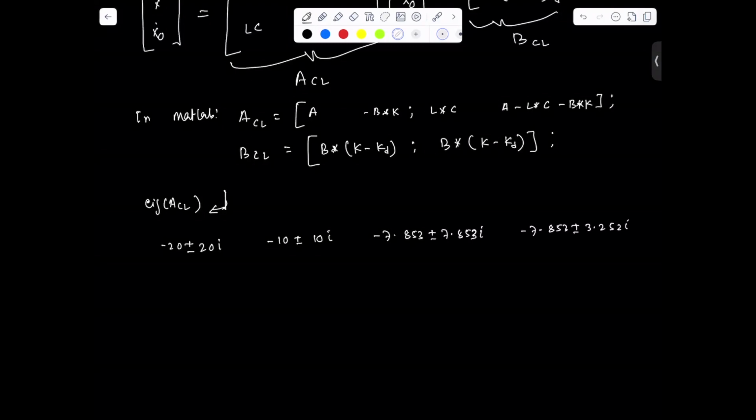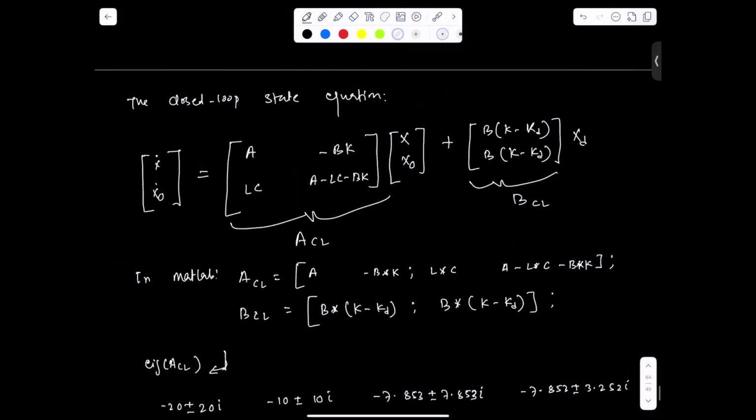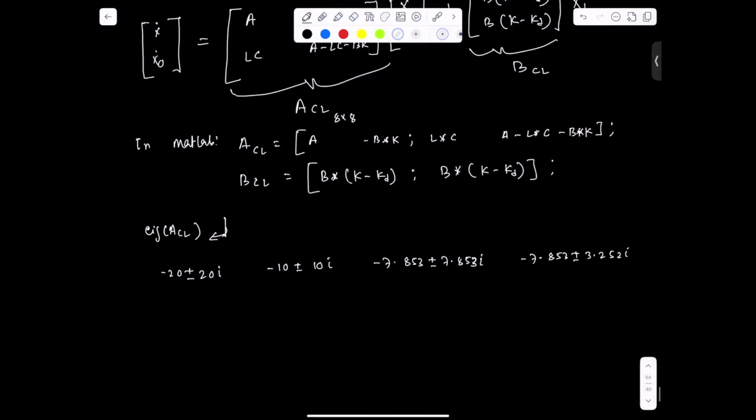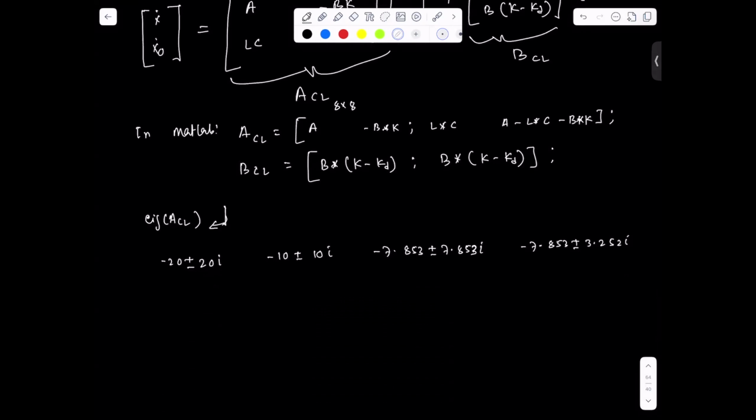The dimension of the matrix is 8 cross 8, and that's why we have 8 eigenvalues of the ACL matrix.